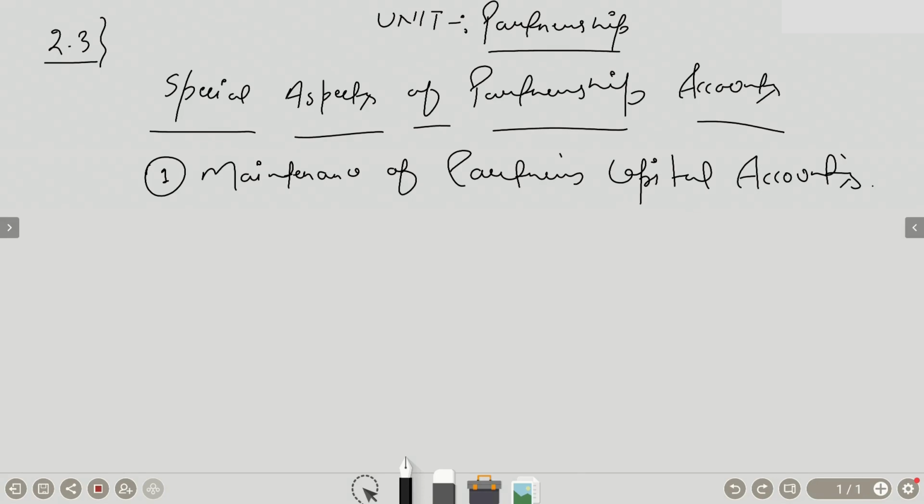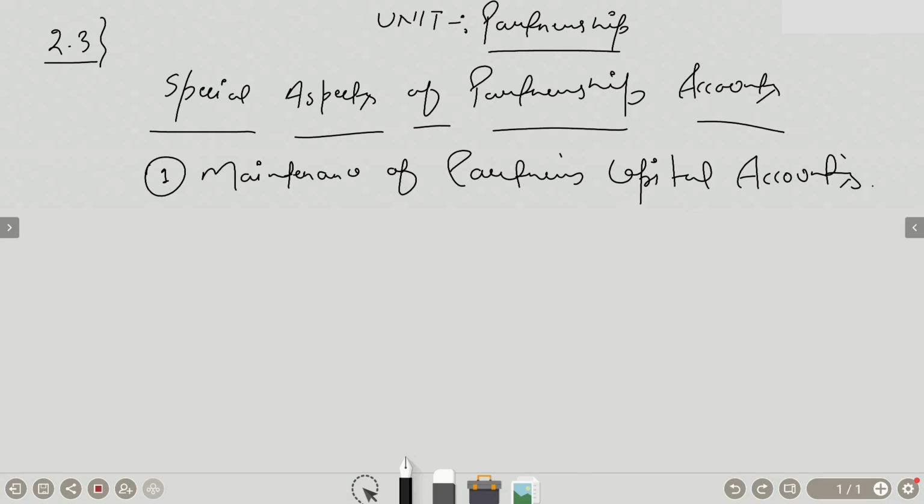So the capital refers to only one owner. But in a partnership firm, a minimum of 2 members are required, and the maximum limit is up to 50. So here more than one partner is there.